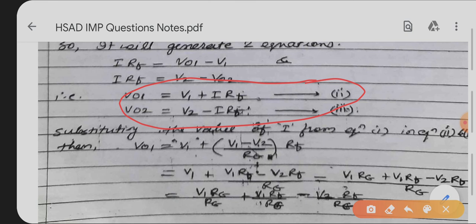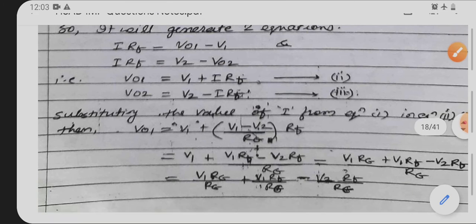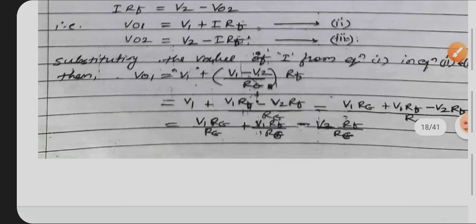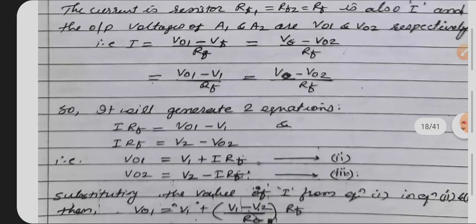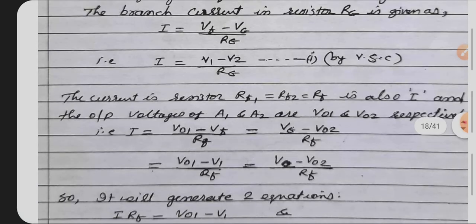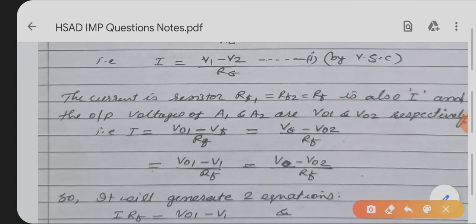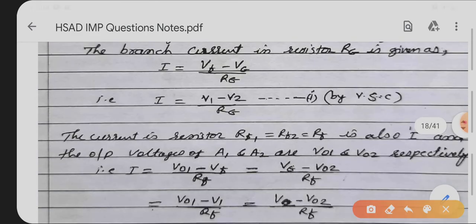Okay, then we will substitute the value of I from equation 1 in equations 2 and 3. Then you will get VO1 is equal to, where is the value of I? Here in equation number 1, I is equal to V1 minus V2 divided by Rg.